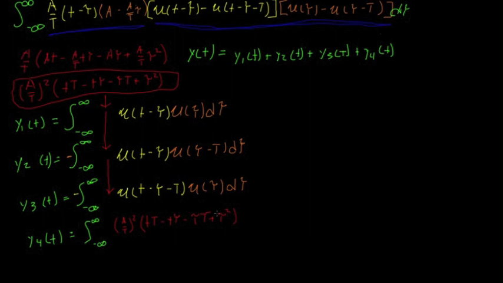And then this time we're going to have u of t minus tau minus capital T. And we will have, oh, excuse me, wrong color. We will have u of tau minus capital T, d tau.